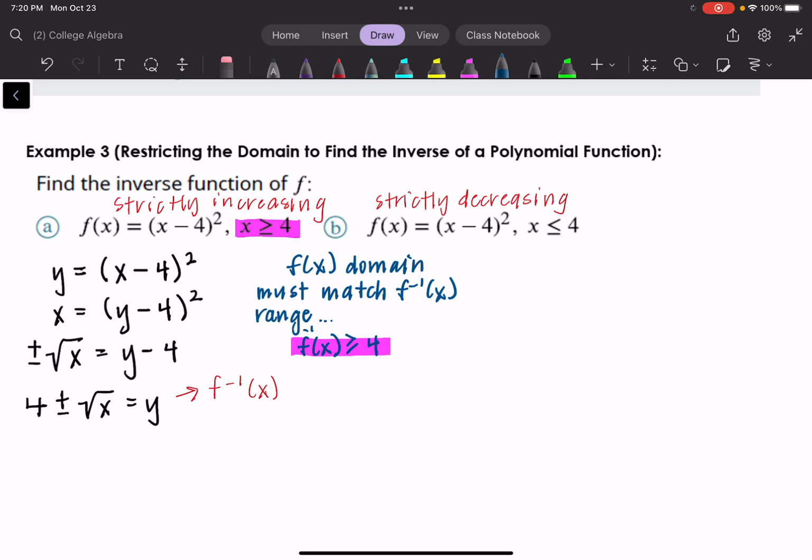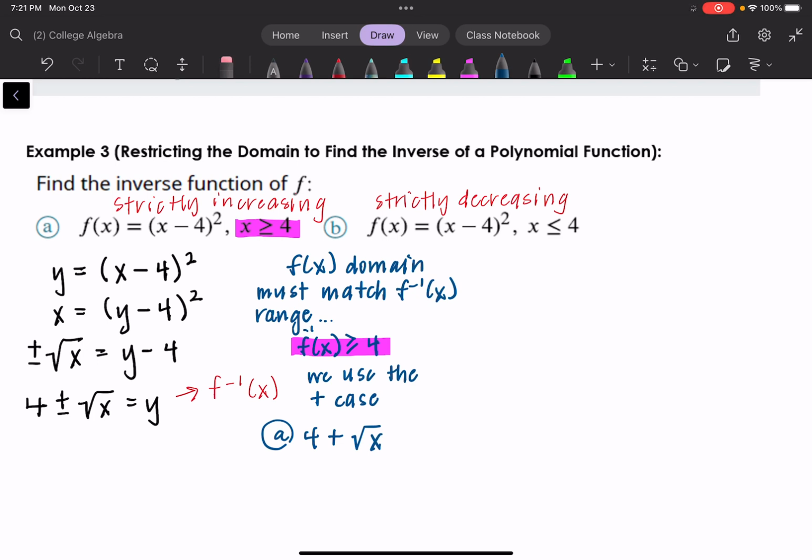That would be if we choose the positive case, because if we're choosing the negative case, then we would not get outputs that are greater than or equal to 4, right? Because we would be subtracting something from 4. And so in this particular scenario, we use the positive case. So the inverse in A is going to be 4 plus the square root of x.